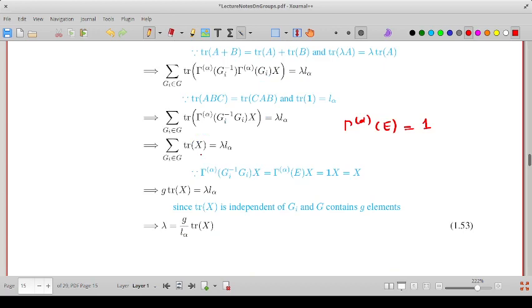Now trace of X is independent of gi, and we have, say, G elements in the group. So this summation is equal to trace of X plus trace of X and so on, G times. So that is equal to G times trace of X. So the left hand side is G times trace of X, the right hand side is lambda times L alpha. Or in other words, lambda is equal to G by L alpha times trace of X.